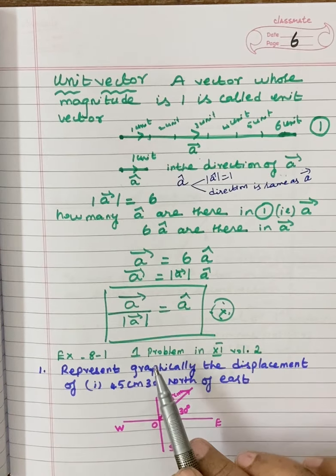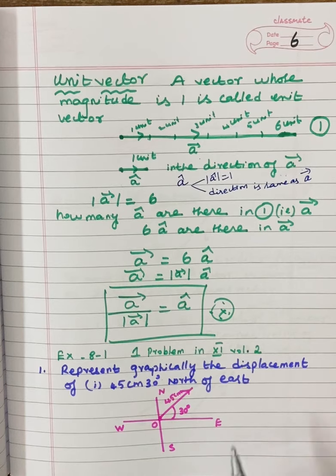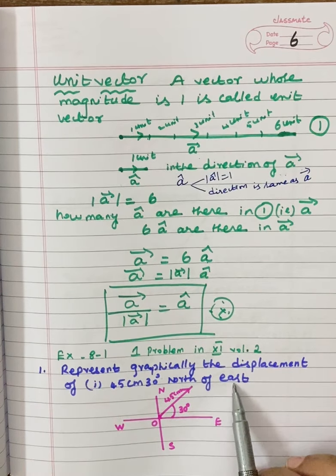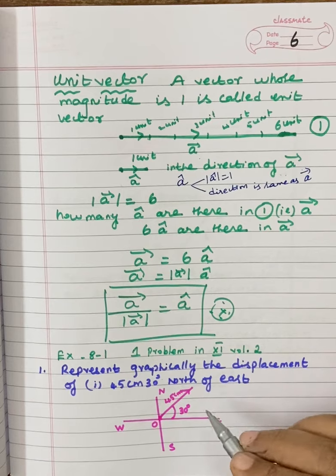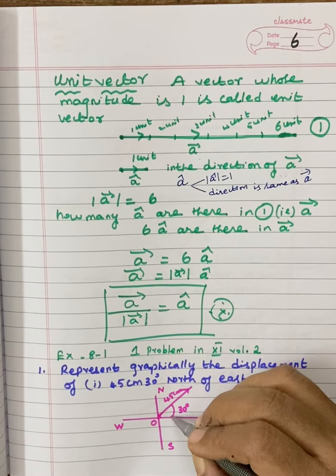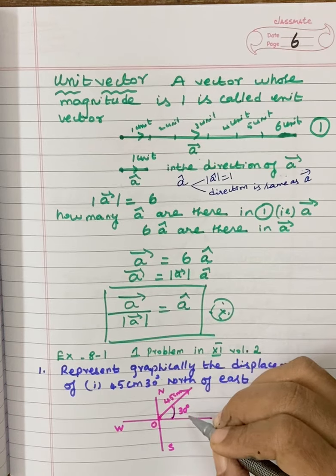This is the north direction, this is south, this is east, and this is west. What they have given is north of east. From east, I have to take the north direction. North means go up.